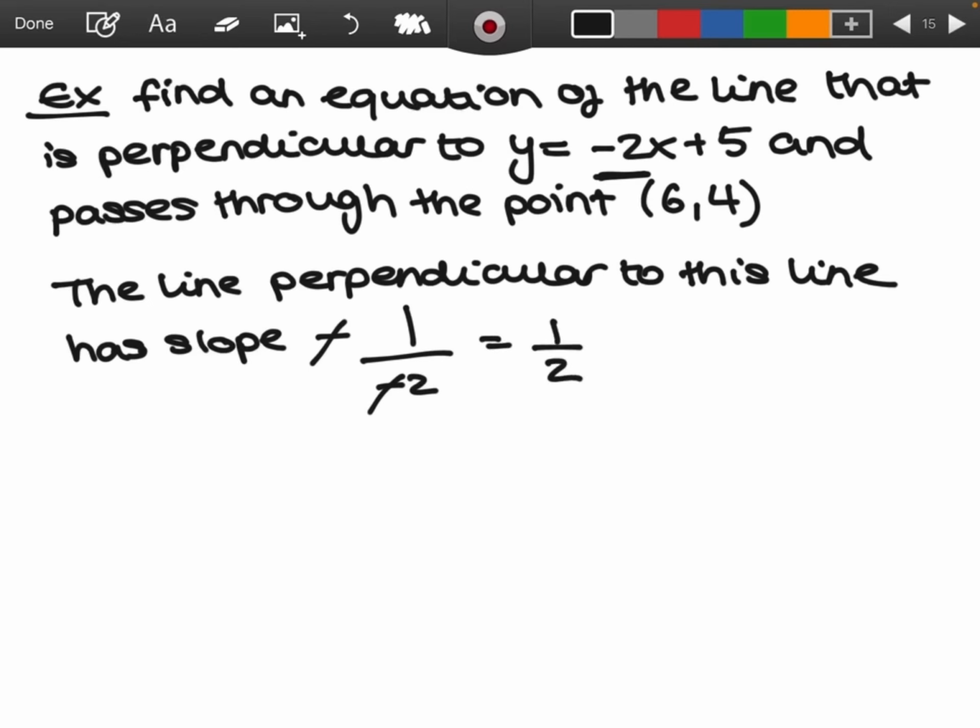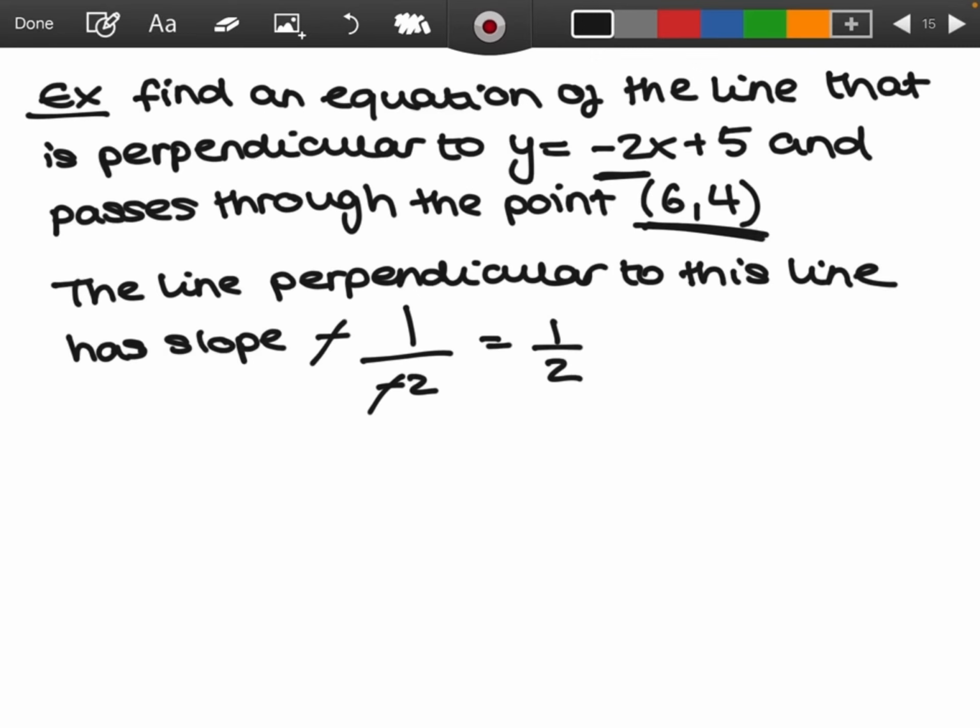The negatives would cancel out, which would leave you with 1/2. So the slope of the line perpendicular to this line is 1/2. Okay, so we have the slope. What else do we know about this line that's perpendicular to y is equal to negative 2x plus 5? Well, we know it has slope 1/2. It also has to pass through this point (6, 4).